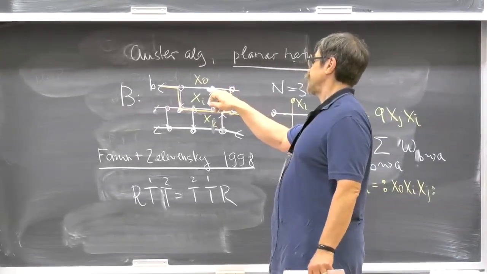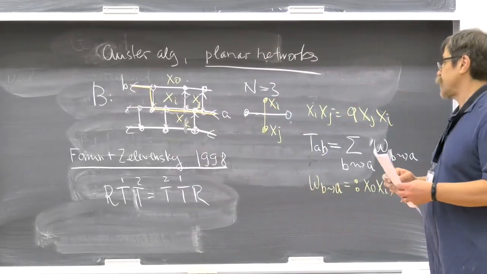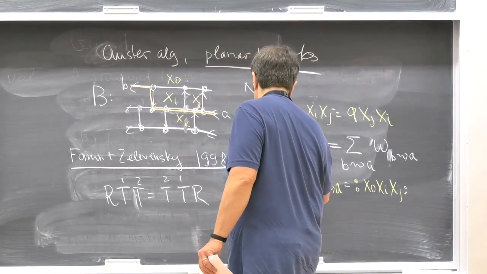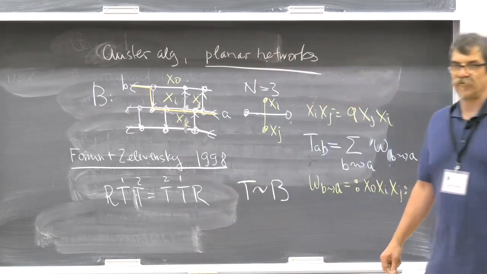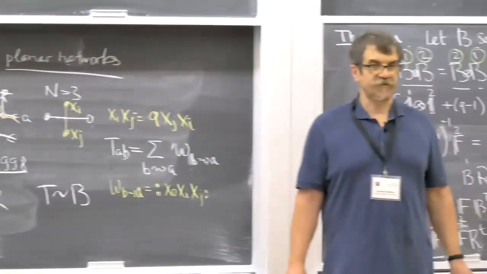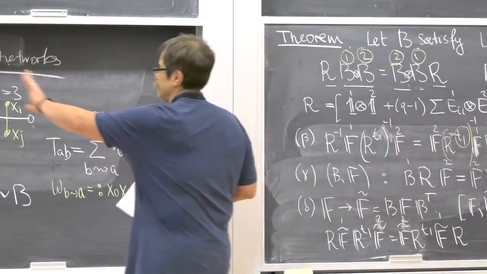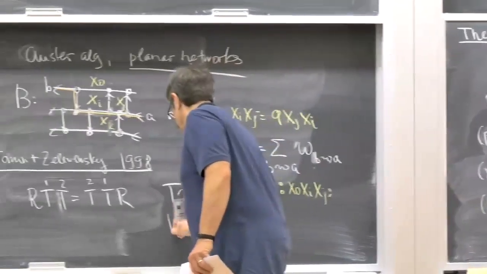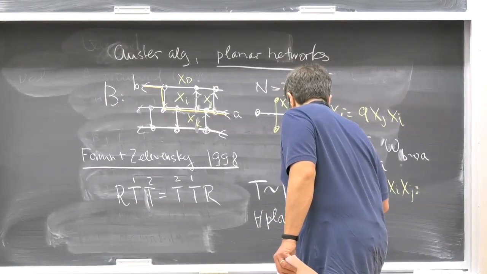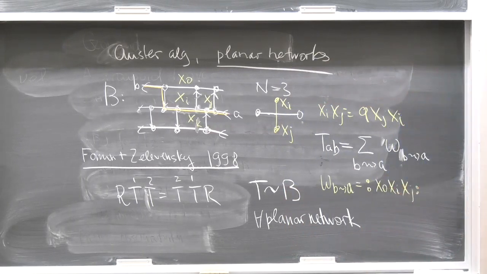So we associate cluster algebra variables with these variables X, and we can identify these transport matrices with the matrices B, not only for this one, but it actually works for any planar directed network under very mild conditions.